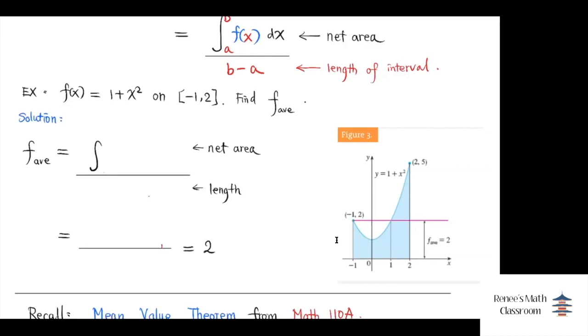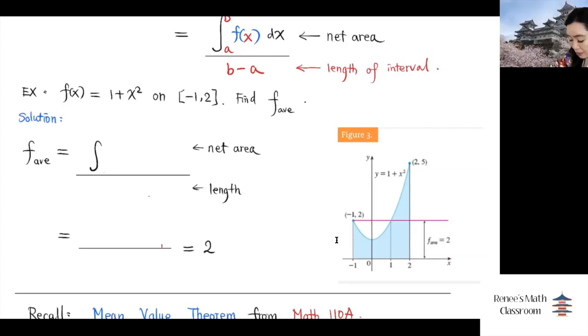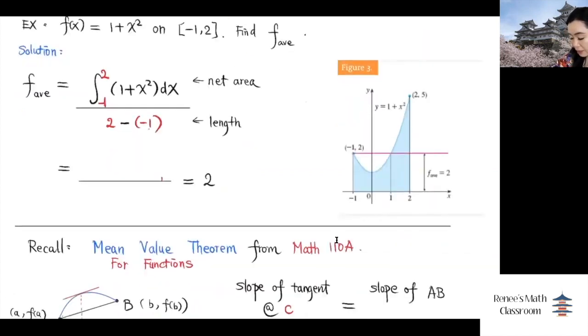Okay, so the lower limit is -1 and the upper limit is 2, and we integrate this function, 1 plus x squared dx. So that's the net area. Divide by the length. The length here is 2 minus -1, which is 3. Yes, you got it.